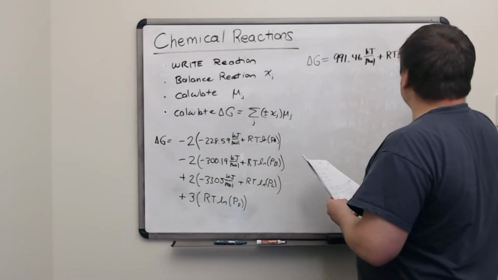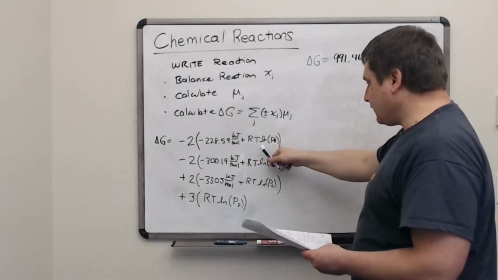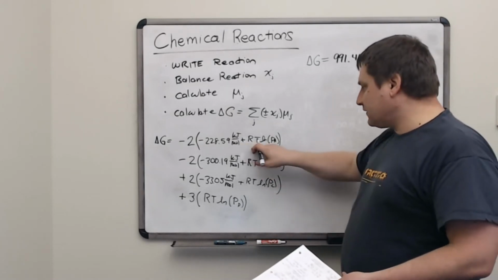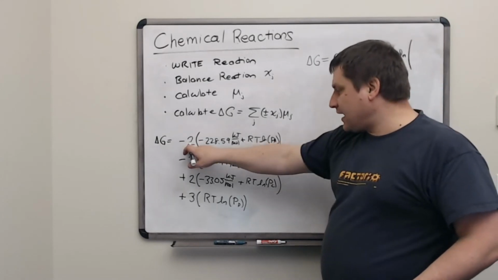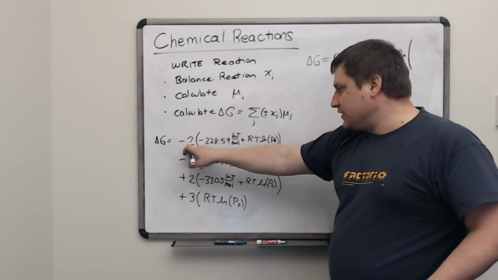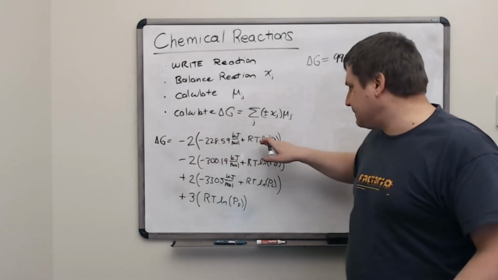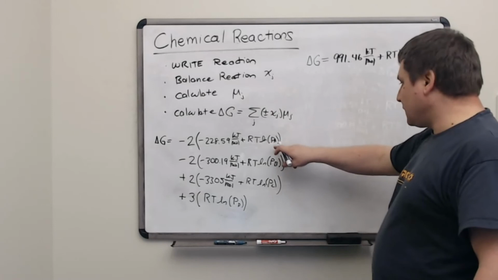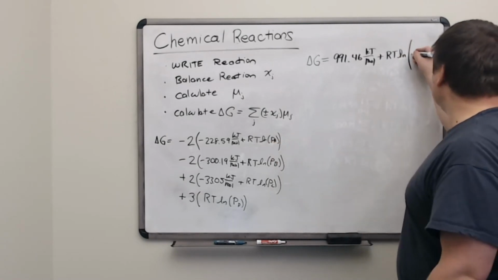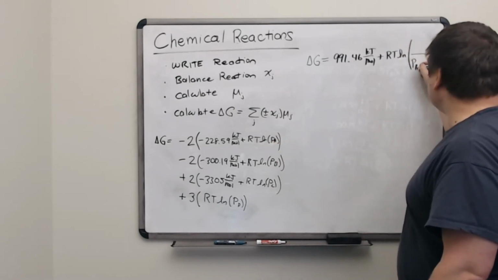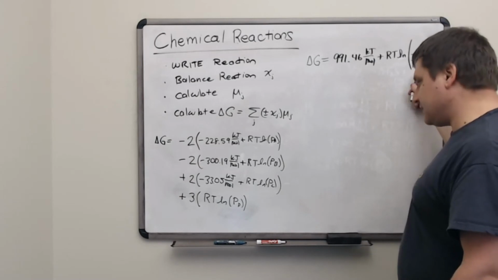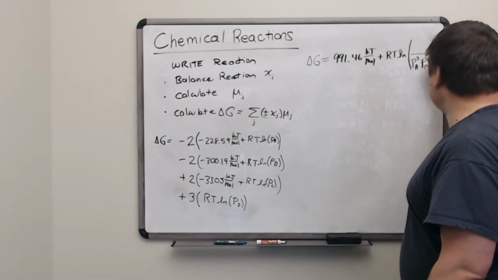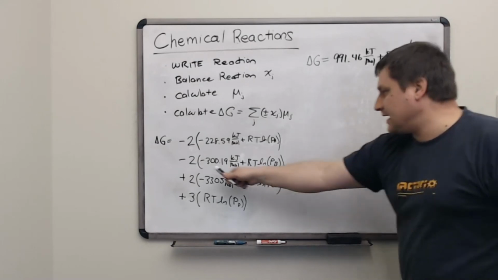And then for the terms with the RT and the logarithm, what we do is we leave the RT in front. We take this factor of 2 here, and we use the rule of logarithm to put it into the power of the inside argument. So we would have a PA to the minus 2 power. So PA squared on the bottom. From the second line, we get a PB squared on the bottom because it's a minus 2.